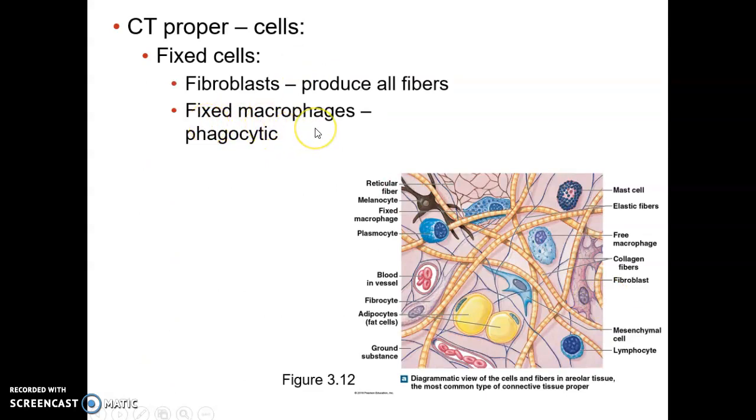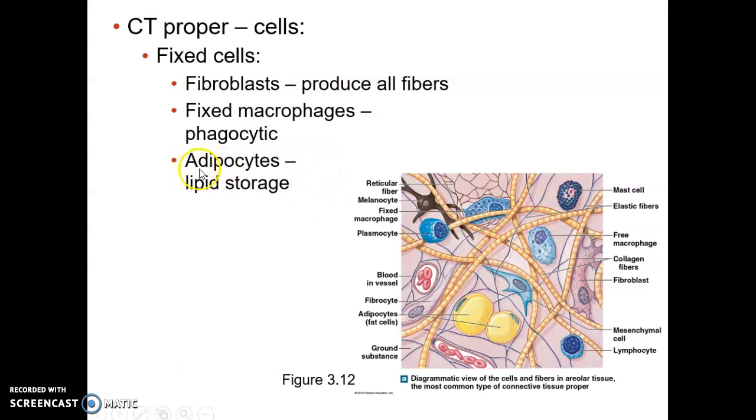Fixed macrophages. These are immune system cells that are phagocytic, meaning they engulf cells with pseudopodia. And these are fixed in the sense that they are always going to be found in residence in connective tissue. In other words, that's where they hang out looking for pathogens, which are disease-causing organisms like bacteria.